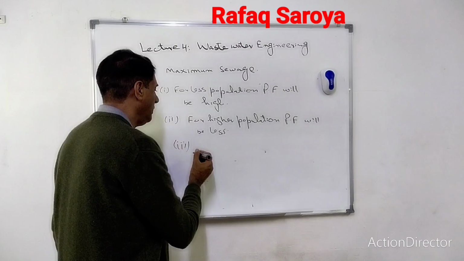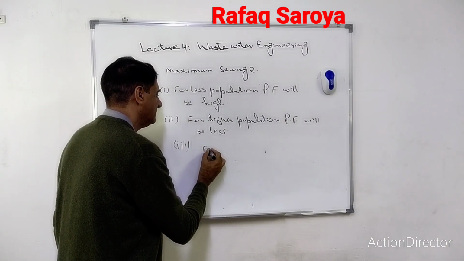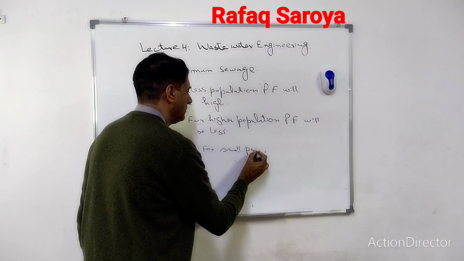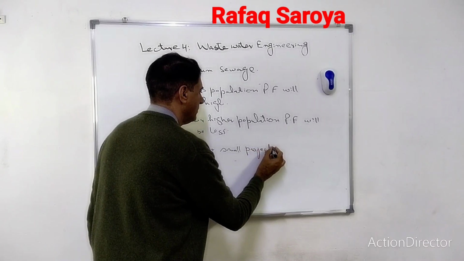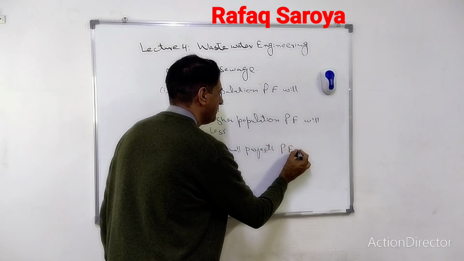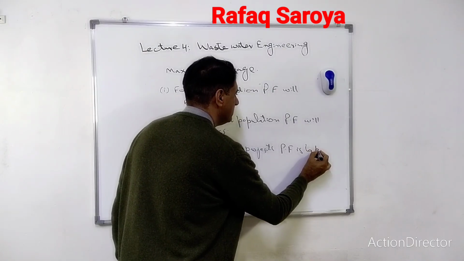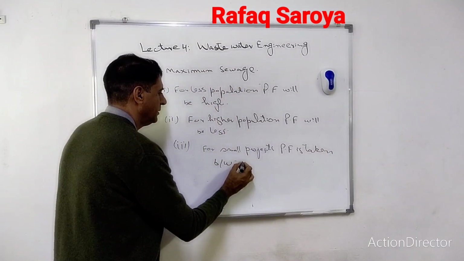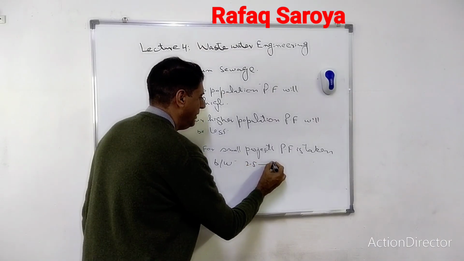So for small projects, PF is taken between 2.5 and 3.